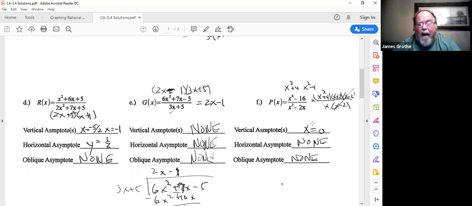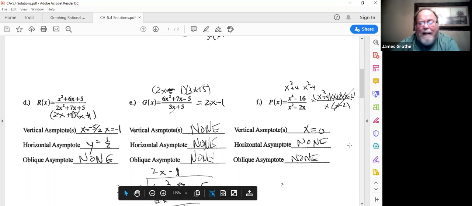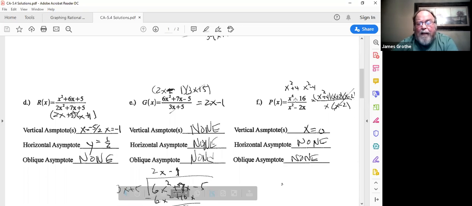Okay. Next we move on to letter F. On letter F, our numerator, this is kind of tricky because there's a lot of factoring involved here. You see the difference of two squares, x to the 4th minus 16, will factor into x squared plus 4 times x squared minus 4. But then, if we're not in too much of a hurry, you notice that x squared minus 4 is also the difference of two squares, and that'll factor into x plus 2 times x minus 2.